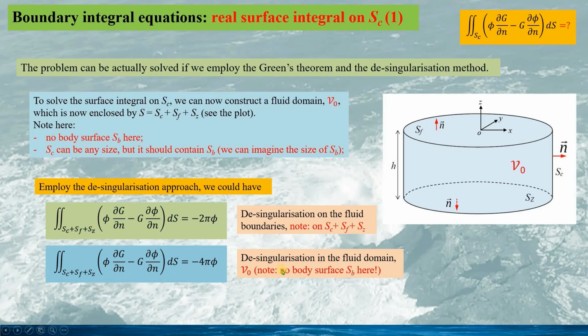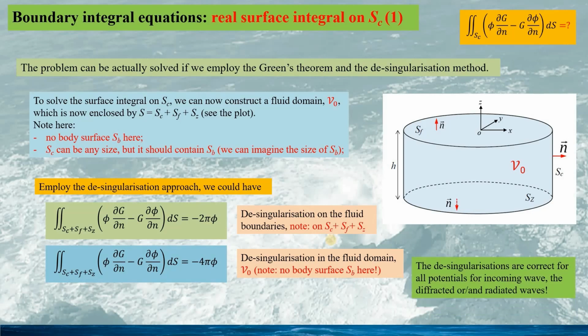And we can also have the expression for the potential in the fluid given by this. And it should be noted, these expressions are correct for all potentials: the incoming wave, the diffracted and radiated waves.